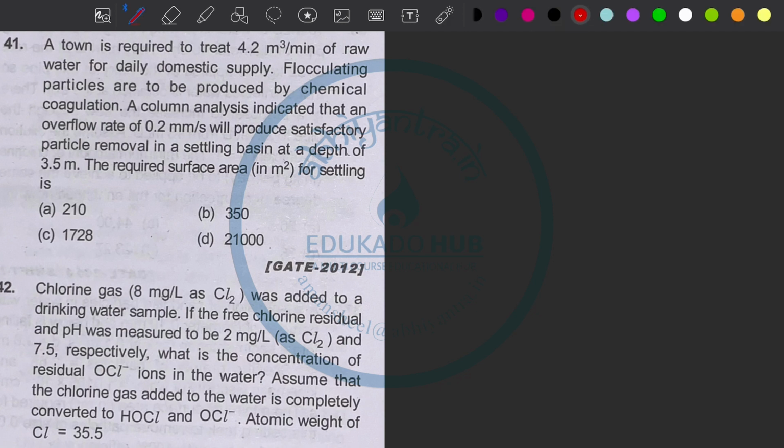they have given us the discharge first of all, that is Q is equal to 4.2 meter cube per minute. Flocculating particles are to be produced by chemical coagulation. Column analysis indicated that the overflow rate SOR, that means V naught, is equal to 0.2 mm per second.